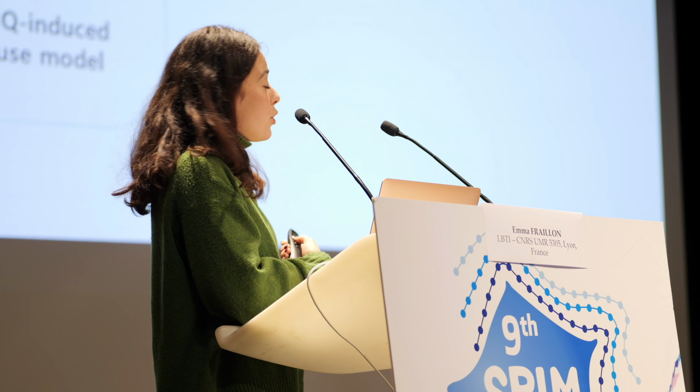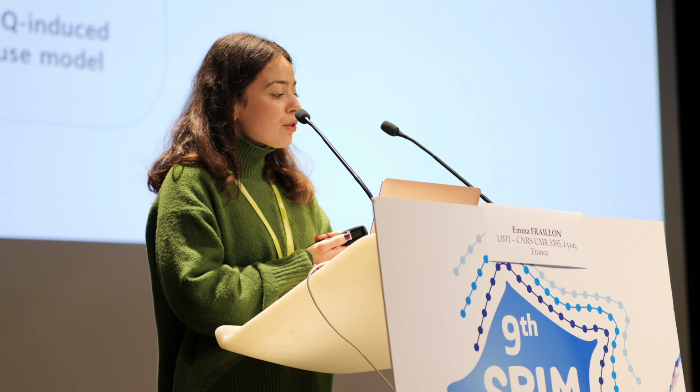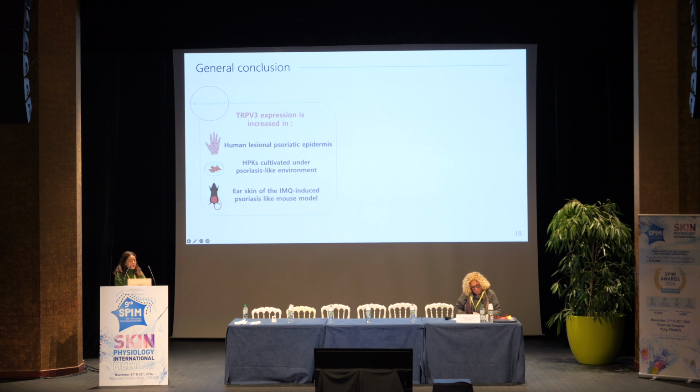So to summarize, we saw that TRPV3 expression was increased in the human lesional psoriatic epidermis, and this overexpression was also found in our different models, so in human primary keratinocytes cultivated under psoriasis-like environments, and also in the skin of the imiquimod-induced psoriasis-like mouse model.